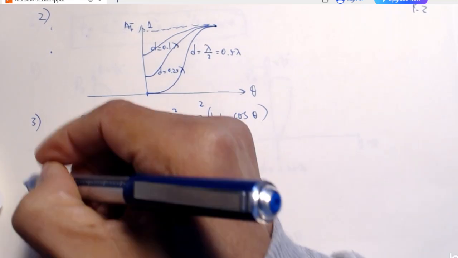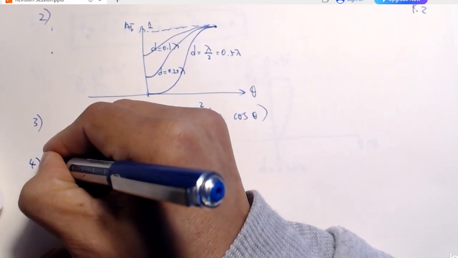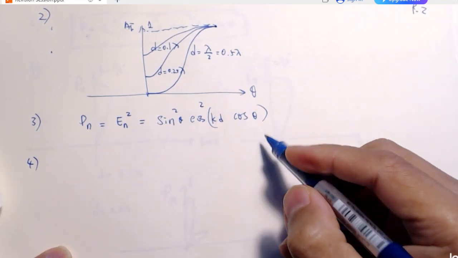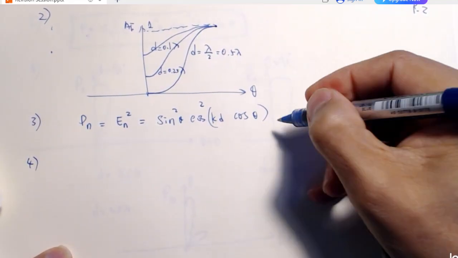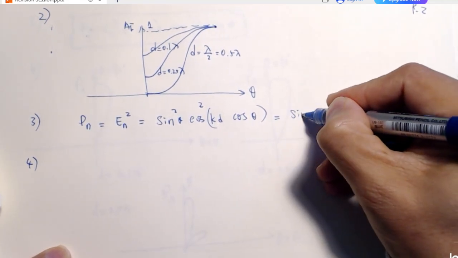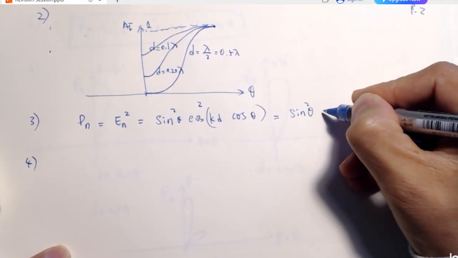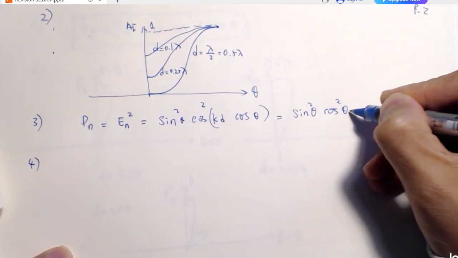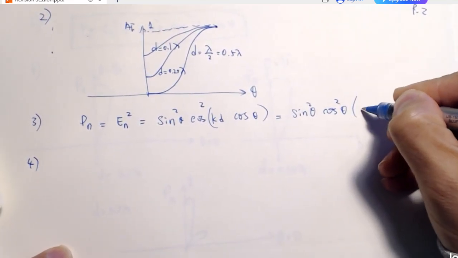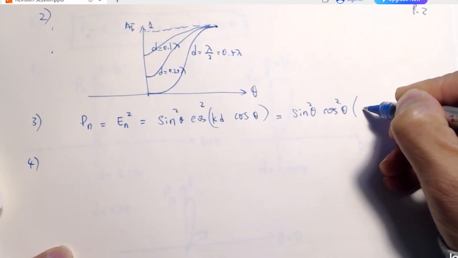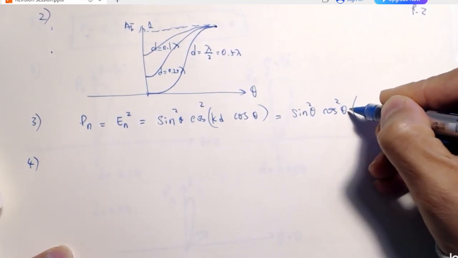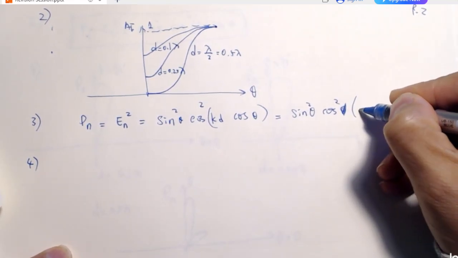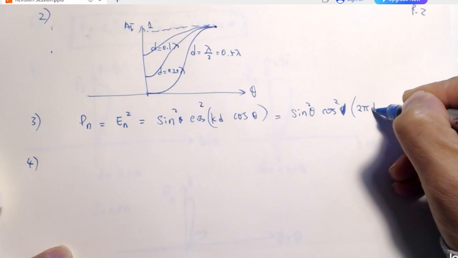Part 4 is to plot this out, depending on the value that you got for t. So 2 pi and then t.